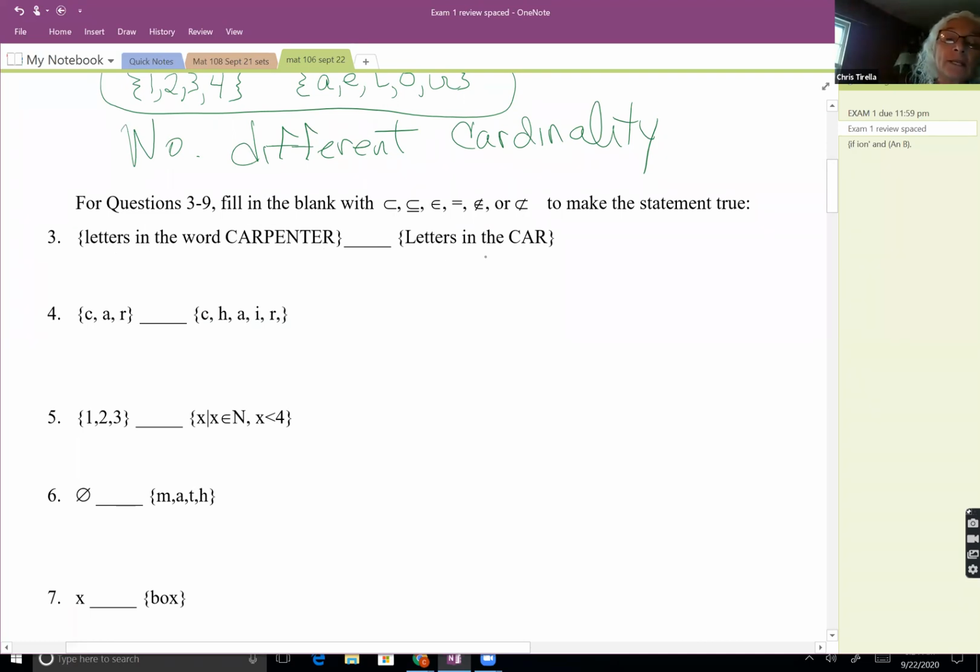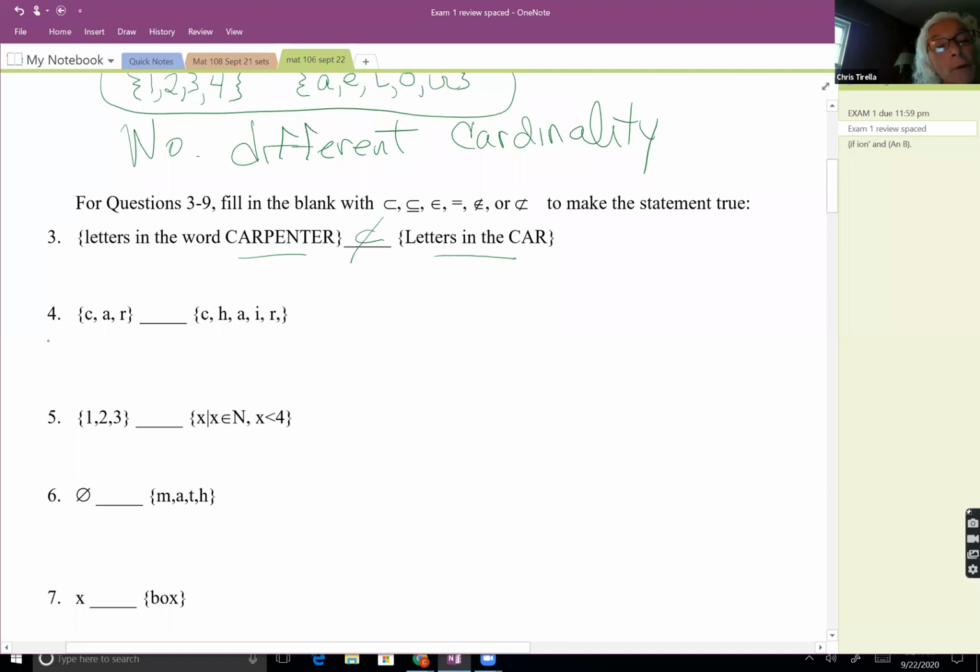The second set is the set of letters in the word car. Is everybody all right that they're both sets? So I'm not going to use the element comparison, but one of the set comparisons. Is this one a subset of this one? No. So that one's strictly not a subset.